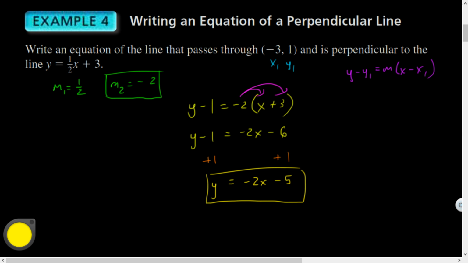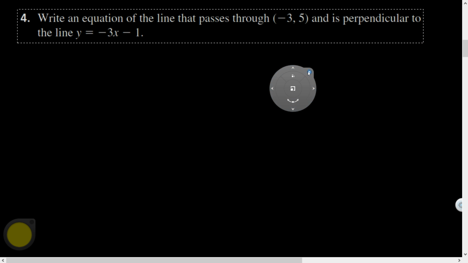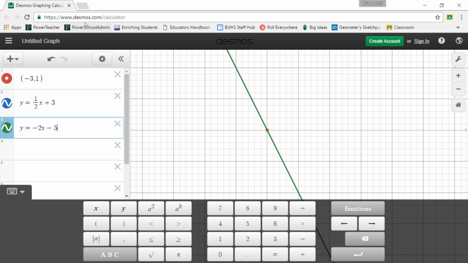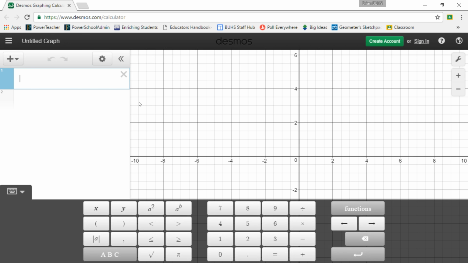Let's do problem 4, which is from the monitoring progress. So same type, but I think these are worth rehearsing a little bit. So problem 4, you guys can find that. Let me reload because I don't want to be all zoomed in on that.